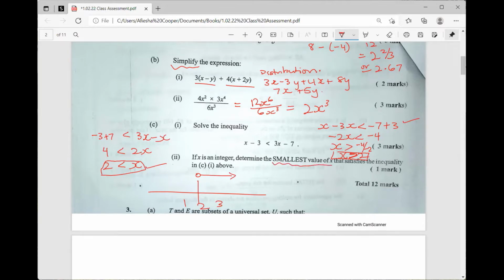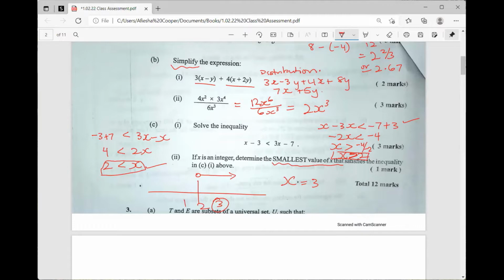Determine the smallest value of x that satisfies the inequality. So what is the smallest value that satisfies this inequality? X is greater than 2. What is the smallest number that is greater than 2? That would be 3. So x is equal to 3 would be our answer for this. So again, what is the smallest value that satisfies, meaning that makes the inequality correct?